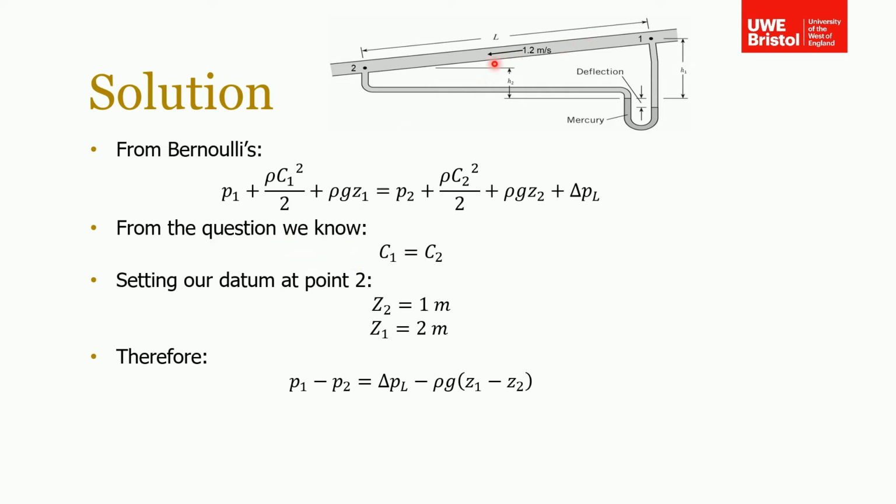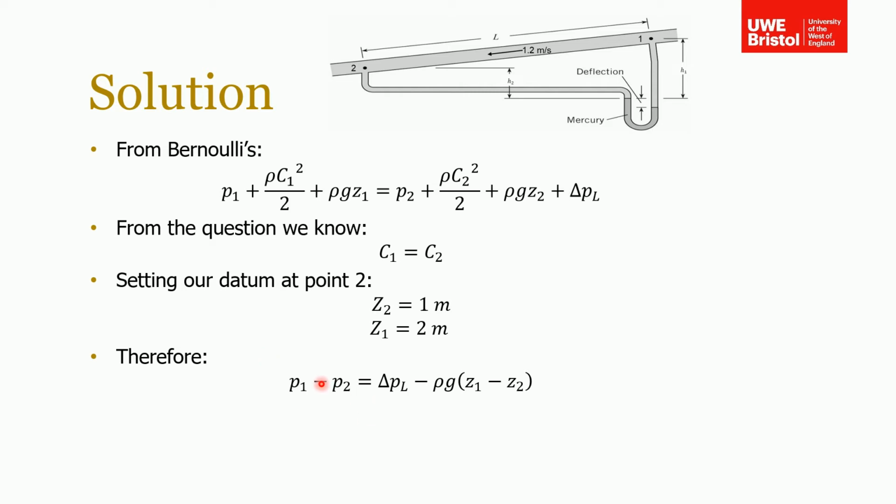So we can see that it's a constant diameter pipe. Therefore, we know the velocity at 1 is equal to the velocity at 2, for continuity to hold. But we do also know the elevation of point 1 and point 2, 1 and 2 meters respectively.